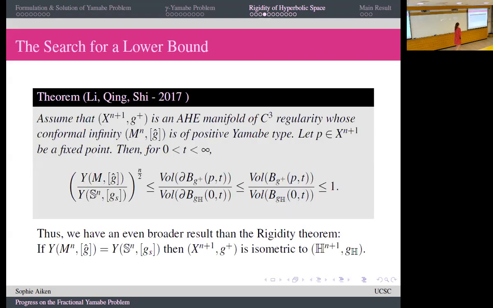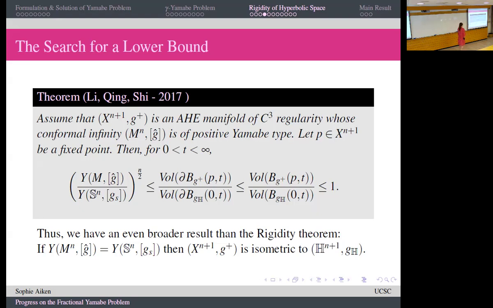Okay. And so that's the form of steps that Liching and Xi followed to show that you can get a lower bound as a quotient of your Yamabe constants. And this, I think, is really interesting on its own, because you're saying something about the interior of your manifold only using information about the boundary.